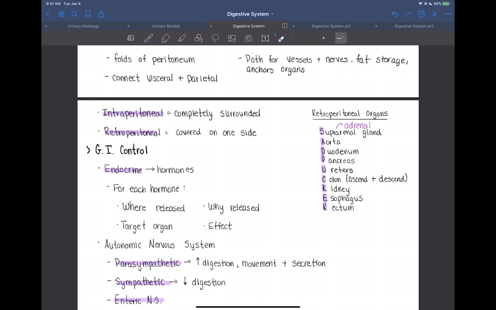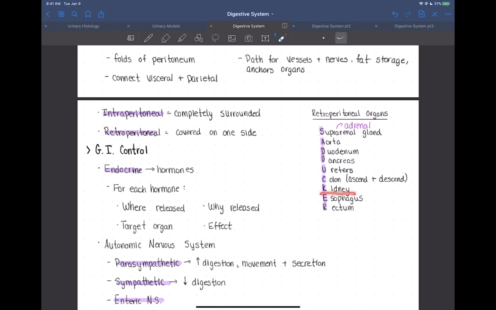Okay, everything else should be a familiar term. So the adrenal glands are retroperitoneal. The aorta is retroperitoneal. The duodenum, that we just mentioned, part of the small intestine, is retroperitoneal. The pancreas, the ureters coming off of the kidney going to the bladder. The colon, specifically the ascending and descending portions, not the transverse portion, are retroperitoneal.